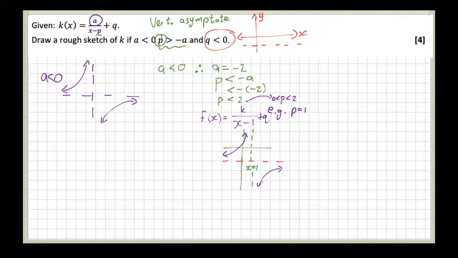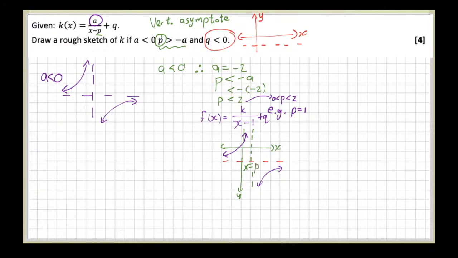Let me just extend my y and my x. There is one possibility. Now for the examiner, you won't write x equal to 1. You just say x equal to p.